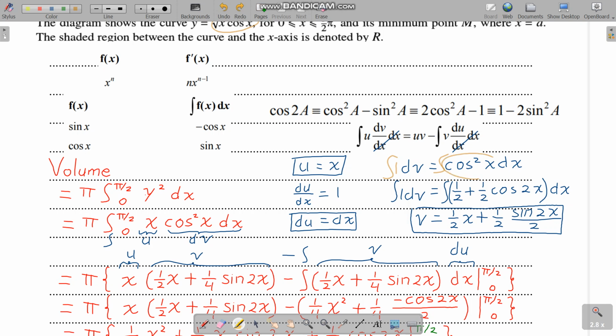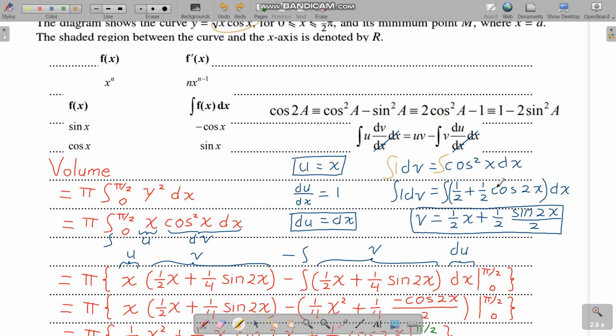Now for the integral of cos squared, we need to use a formula. We rearrange using cos 2a equals 2 cos squared a minus 1. Rearranging, cos squared a equals (1 plus cos 2a) divided by 2, or 1/2 plus 1/2 cos 2a.